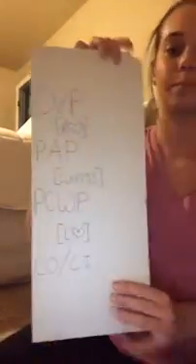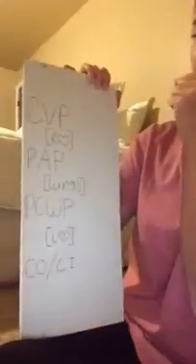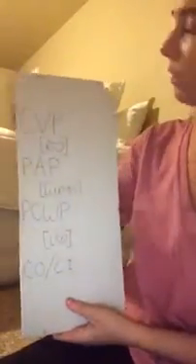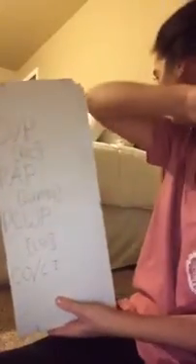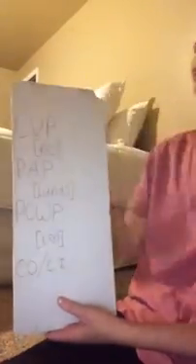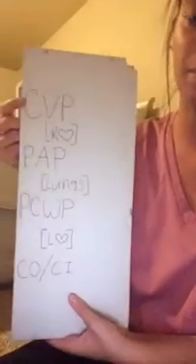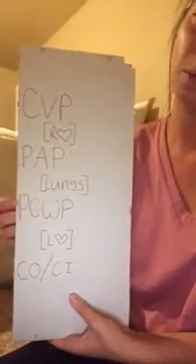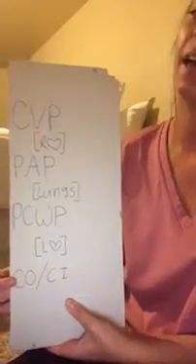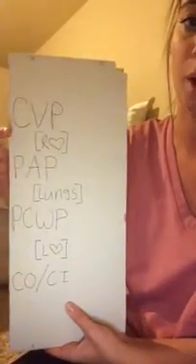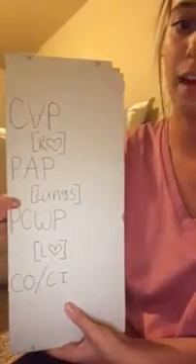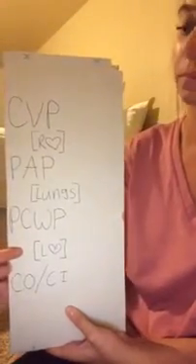Okay, so this is just a chart that I learned how to do. You're going to write your CVP, your PAP, PCWP, and CO. And in between these, the problem is going to be your right heart, the lungs, or the left heart.